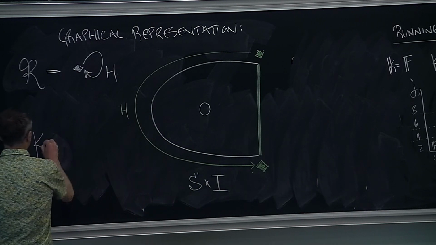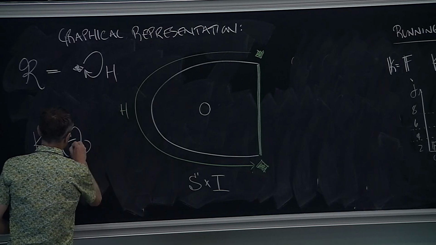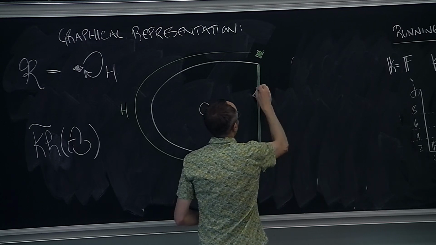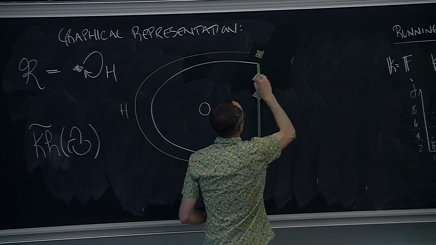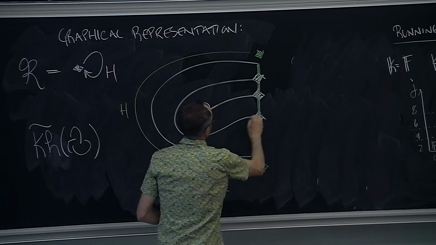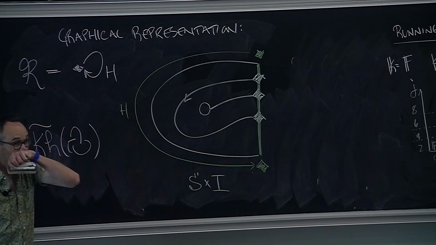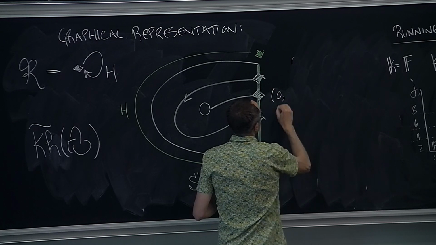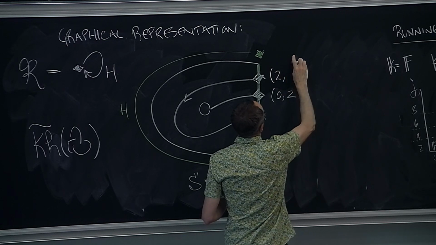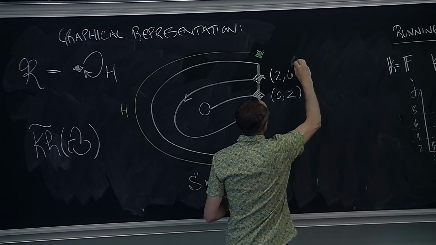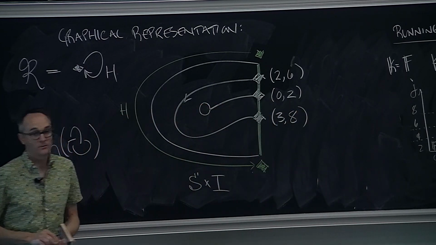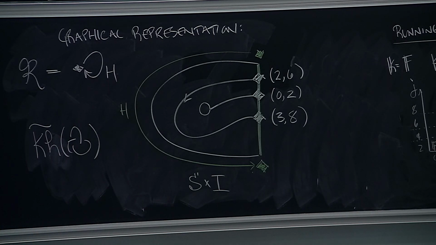Here I'm going to look at the fully canceled and cleaned up representative of the trefoil, which I know should have three generators. And here's a set of curves that represent what's going on. This is my thing in grading 0 and Rasmussen invariant 2. And then there's something in grading 2, 6, running down to something in grading 3, 8. And that's what I want to spend next time explaining. You're welcome.